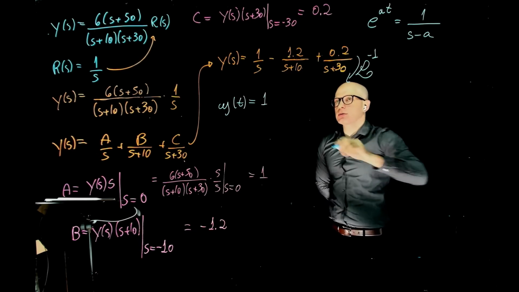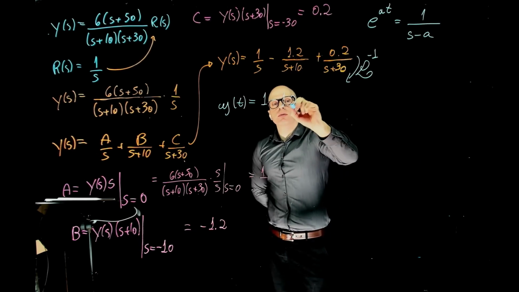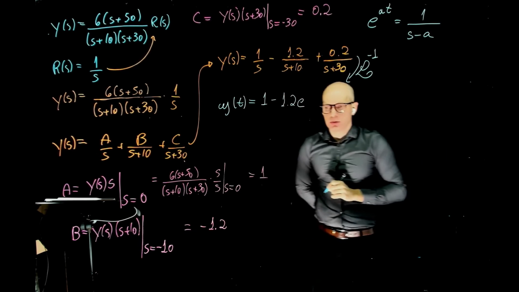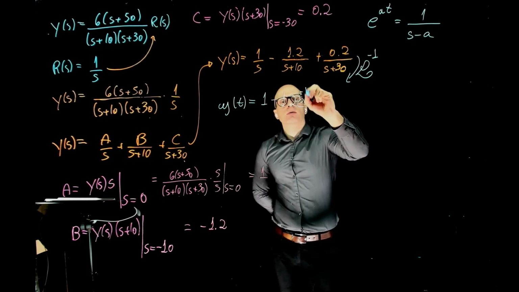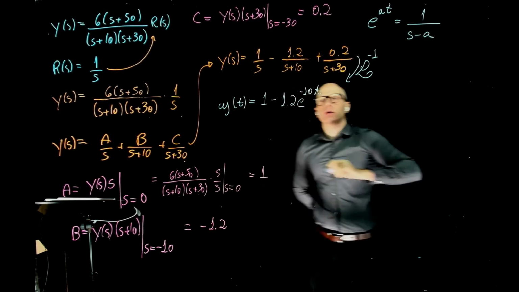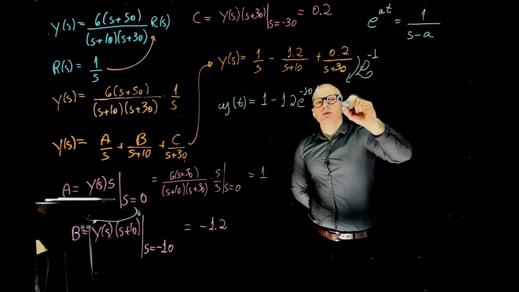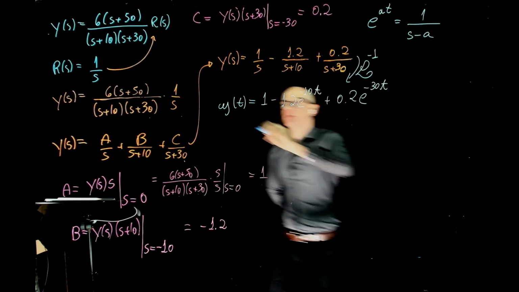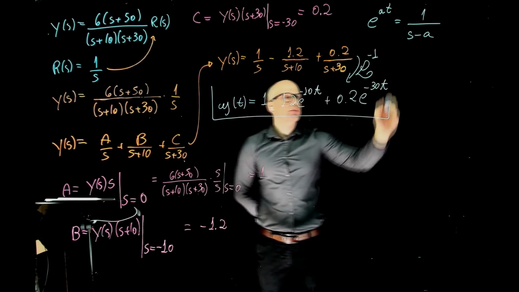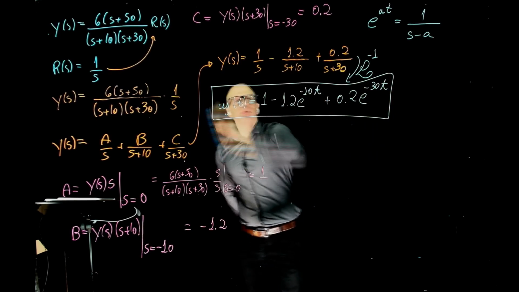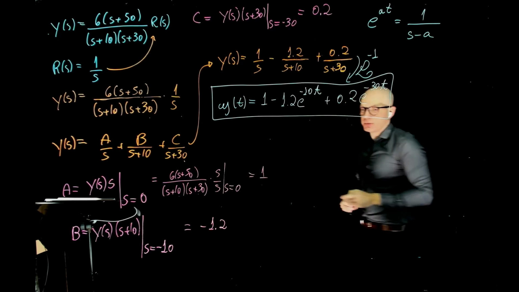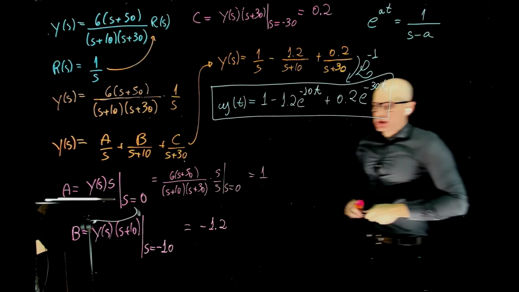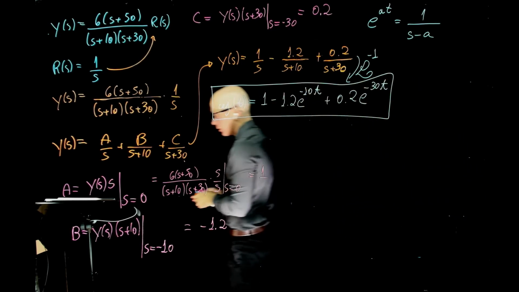We get minus 1.2 times e to the power of minus 10t. And then the last one is 0.2 times exponential of minus 30t. And this is how the body will respond to that injection of 1 unit of insulin.